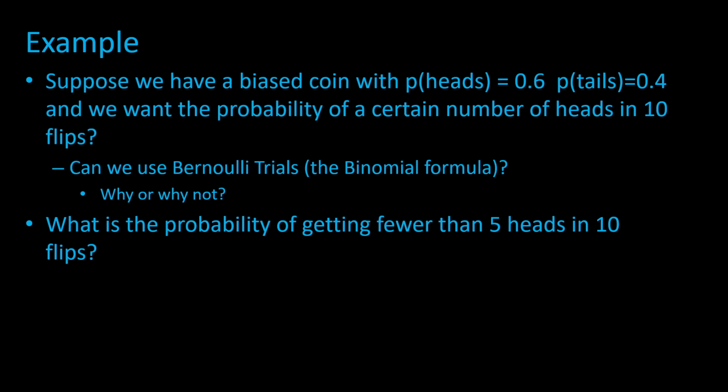Pardon me? I got distracted. What's the question? Can we use Bernoulli trials for the binomial formula? I'm flipping a coin. Can I use the Bernoulli trials, or am I going to have to count?